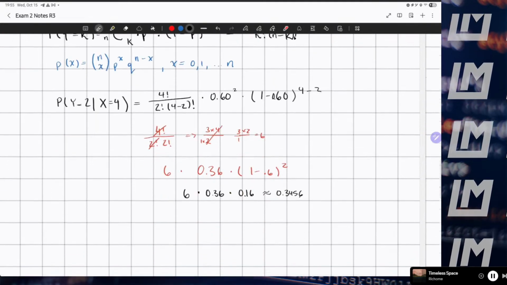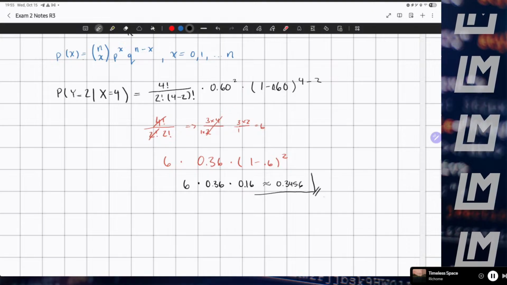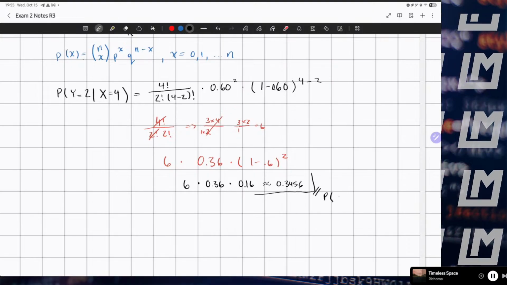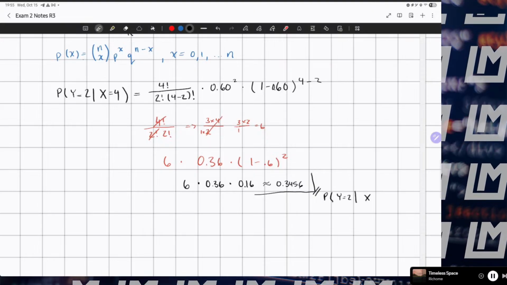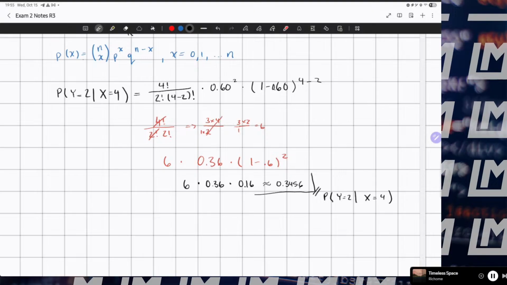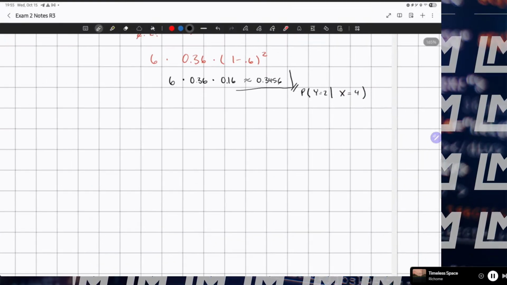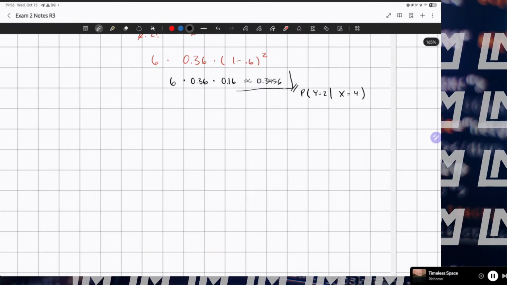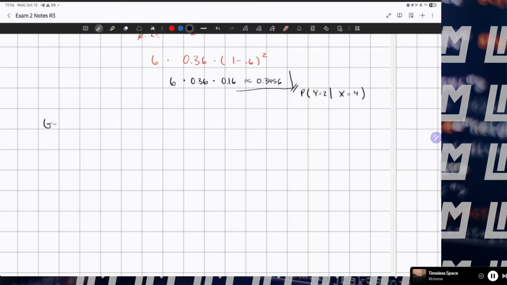So this is the probability of y equals 2 given x equals 4. So we're going to use the general multiplication rule.